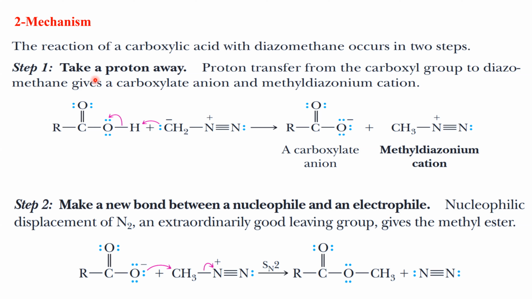So the first step is to take a proton away. Diazomethane exists in this form: there is a nitrogen with a triple bond to nitrogen, and we know nitrogen has one non-bonded lone pair.